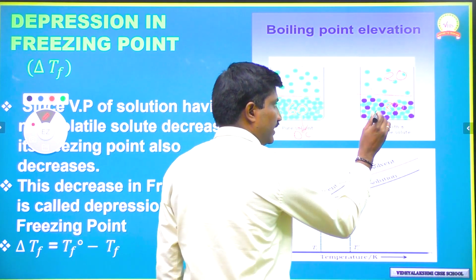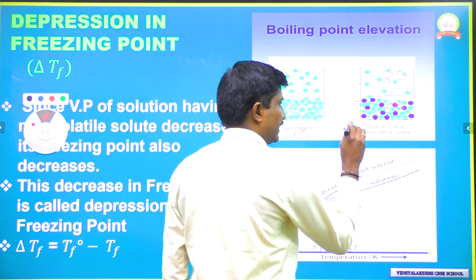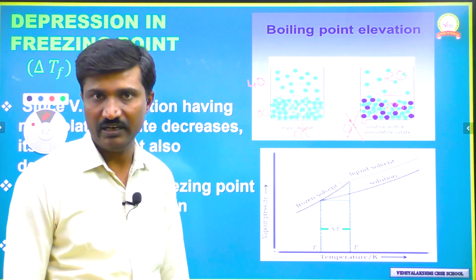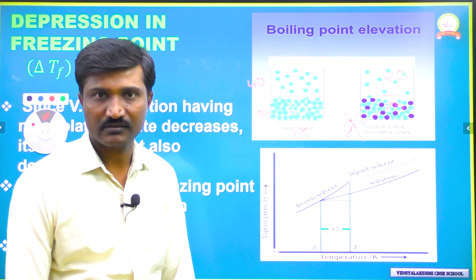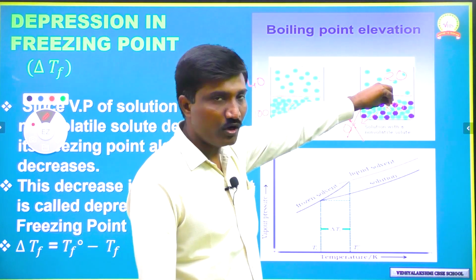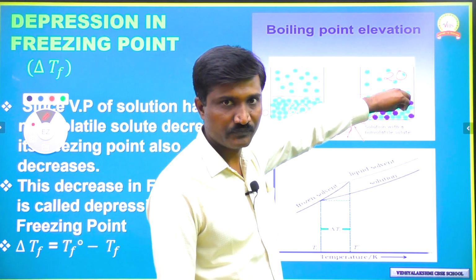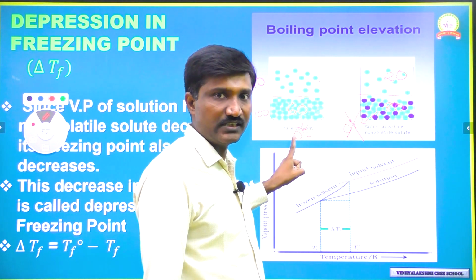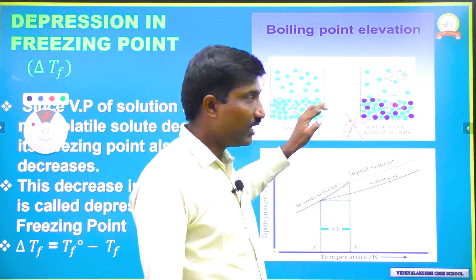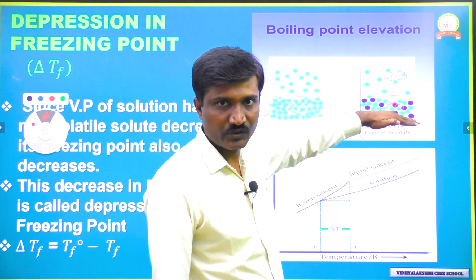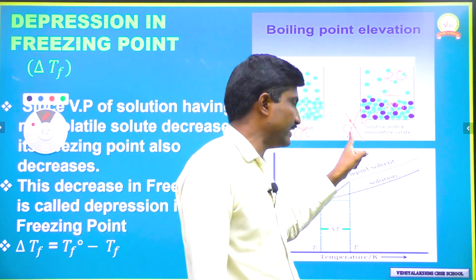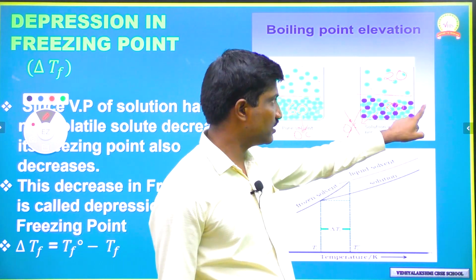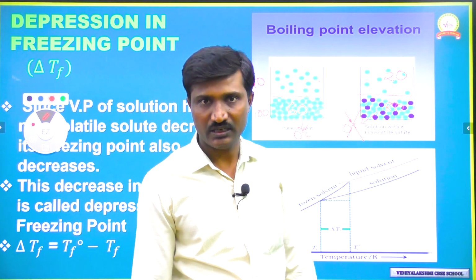But if we cool the solution to 0 degrees centigrade, it won't convert to ice, that means it does not freeze. Why? Because more liquid particles are there. Only 60 are there in pure water, and that 60 only freezes at 0 degrees centigrade. The extra 20 molecules here are not freezing at 0 degrees centigrade. We have to cool further to freeze those remaining 20 molecules.